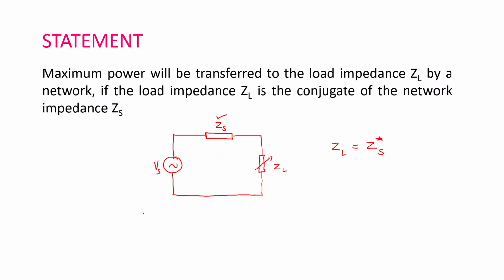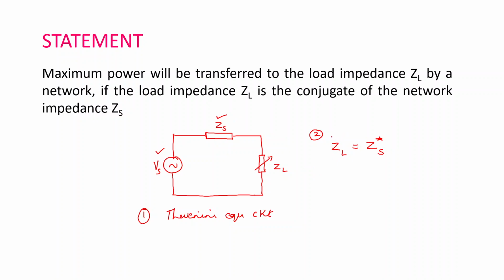So given a network, the first step is to find the Thevenin's equivalent circuit, so that you find one voltage source in series with one impedance for that particular given circuit. Then we can find the value of the load impedance by taking the complex conjugate of this source impedance.